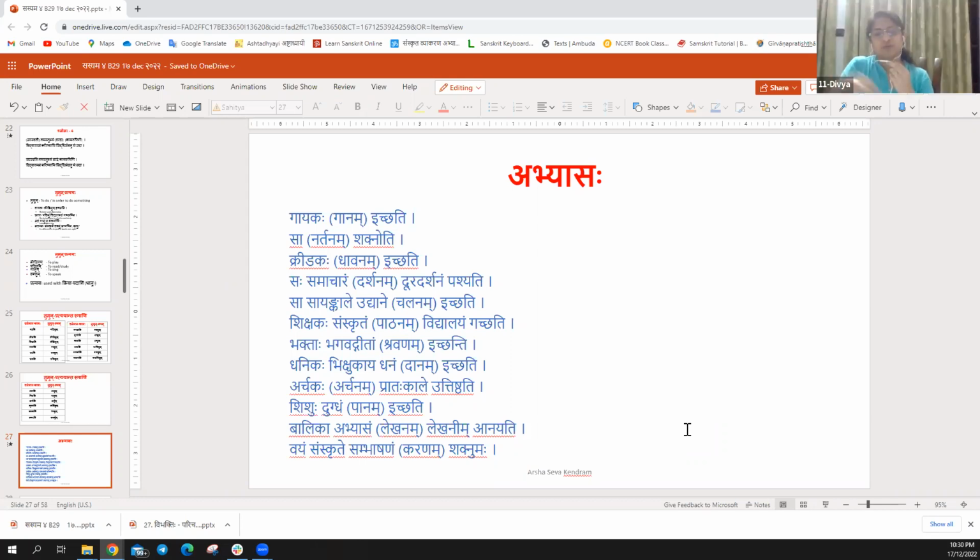It's the same with dhanikaha: dhanam is money, dhanikaha is the one who has the money. So archakaha is one who does the worship.